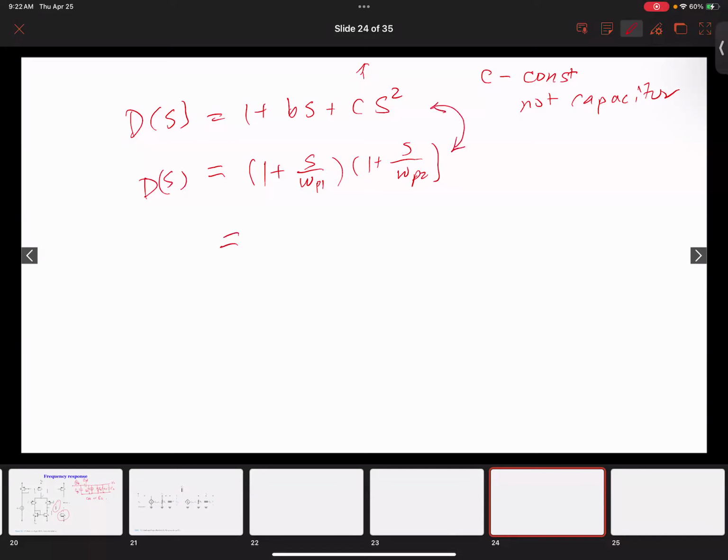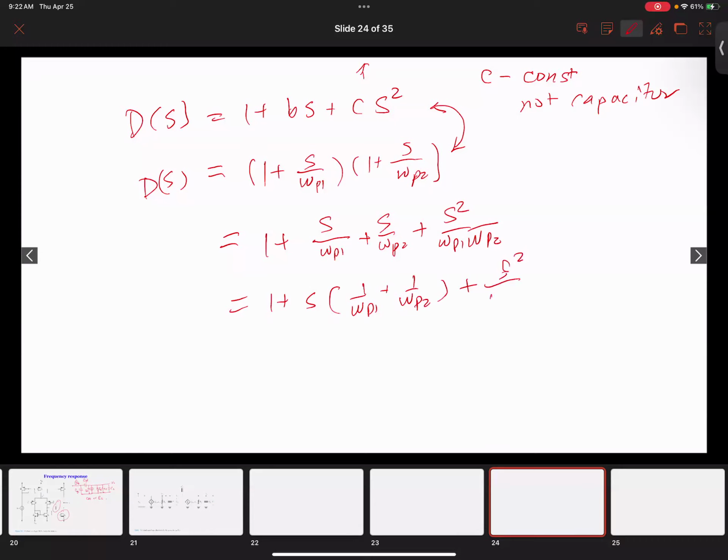So we expand it, we get 1 plus S times 1 over WP1 plus 1 over WP2, plus S squared over WP1 WP2. So we get this one. Now this can be further written as S times 1 over WP1 plus 1 over WP2. I'll explain to you why we do this, because this will make the calculation much easier.